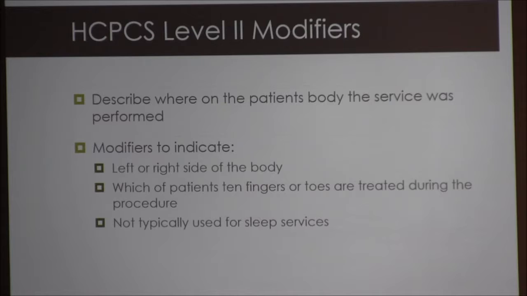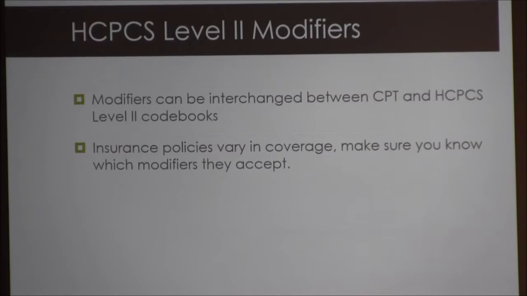If it's the toe, which digit on the toe was being treated during the procedure. But this is not typically used for sleep services. Modifiers can be interchanged between CPT and HCPCS, but with insurance companies, like I said before, it's better to use no modifiers. It's better to use just in general what the codes are.